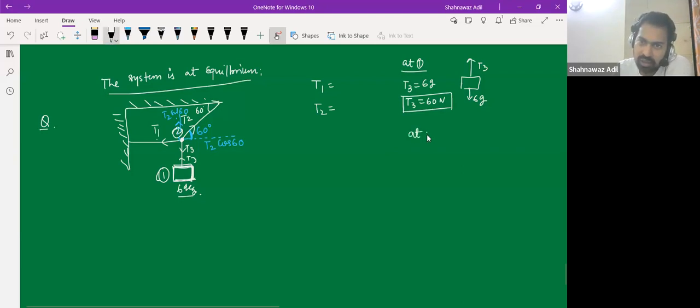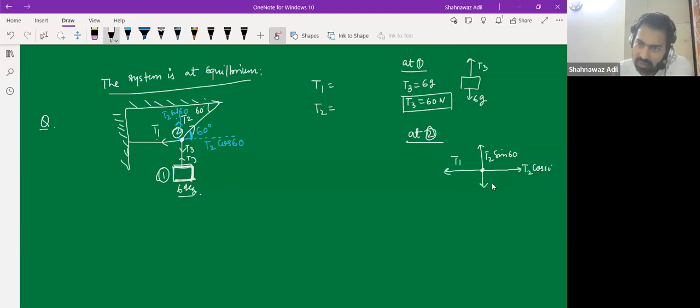So now let us draw the free body diagram at this point. This is T2 sin 60, then this is T2 cos 60, then this is T1, and then this is T3.